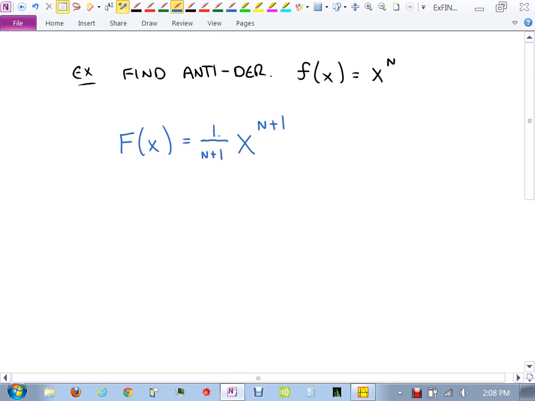So if I take the derivative of that, you'd bring the n plus 1 out front, right? Which would cancel with the 1 over n plus 1. And then you'd reduce the power by 1 and you would get n. Now if we wanted to make this the general antiderivative, we could say plus c, right? Agreed? This is known as the power rule for antiderivatives.